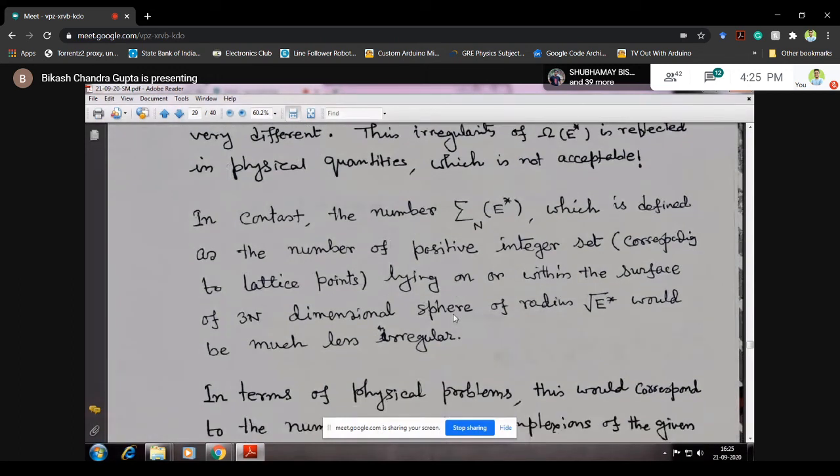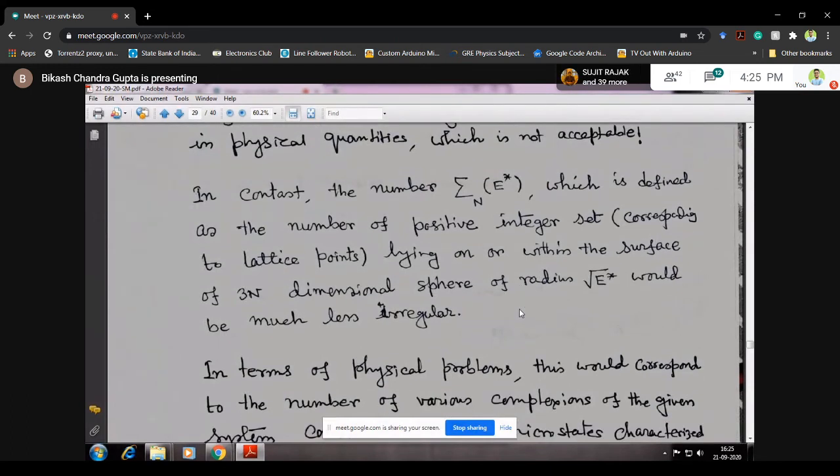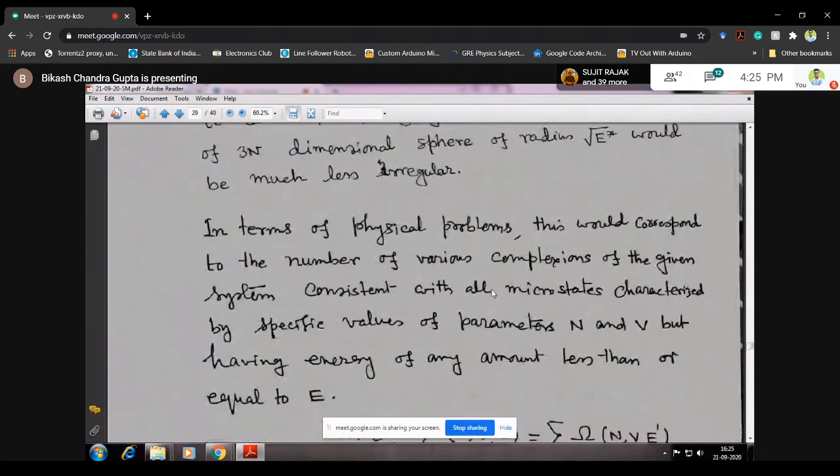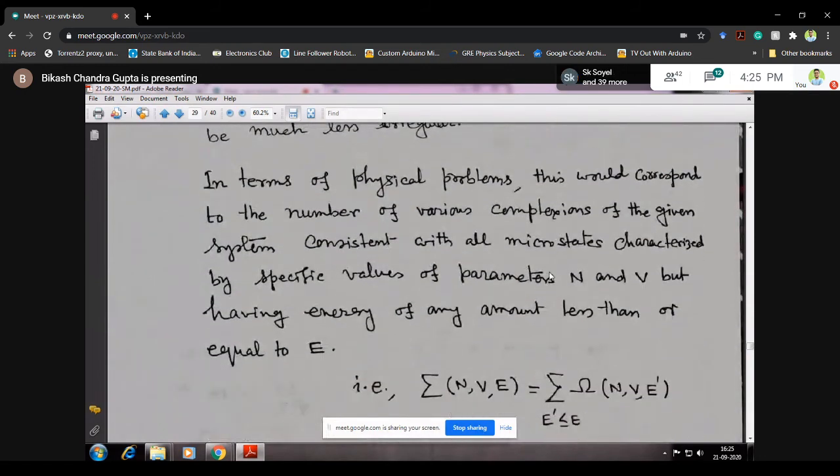Okay, আর আমরা ফিজিক্সে জেনারেলি কী চাইবো? আমরা চাইবো রেগুলার ওয়েল বিহেভড জিনিস নিয়ে ডিল করতে। So then, in terms of physical problems, the argument comes, this would correspond to the number of various complexons of the given system consistent with all microstates characterized by specific values of parameters n and v, but having the energy of any amount less than or equal to E.